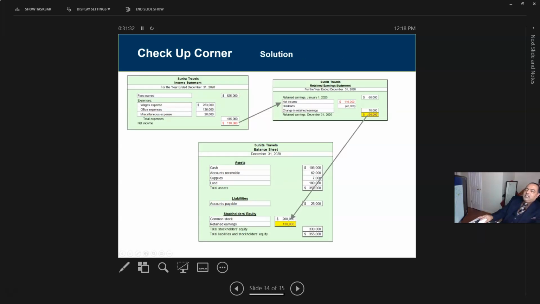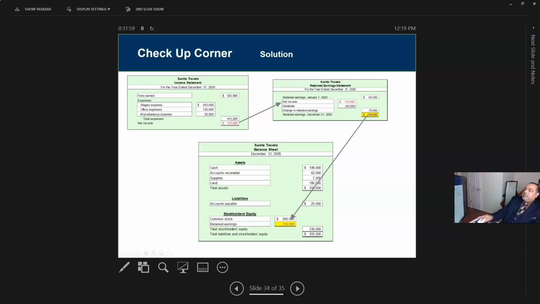As you can see, we have taken the fees earned here, 525,000, and all expenses here, and then calculated a net income of 110,000. Now remember, for retained earnings we had a 60,000 balance. We are taking the 110,000 there, and the net change is 70,000: positive 110, negative 40,000.